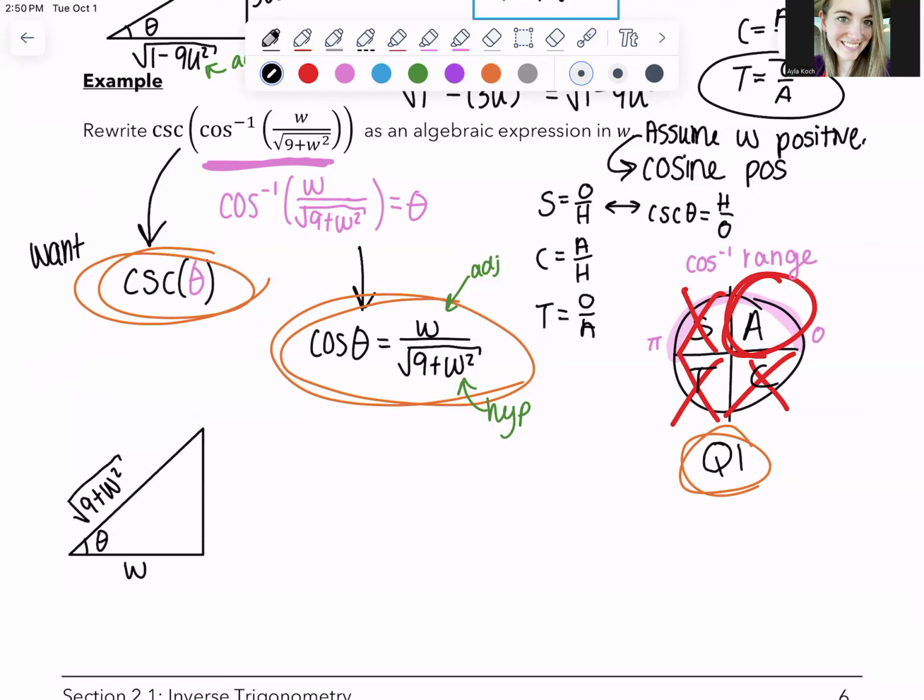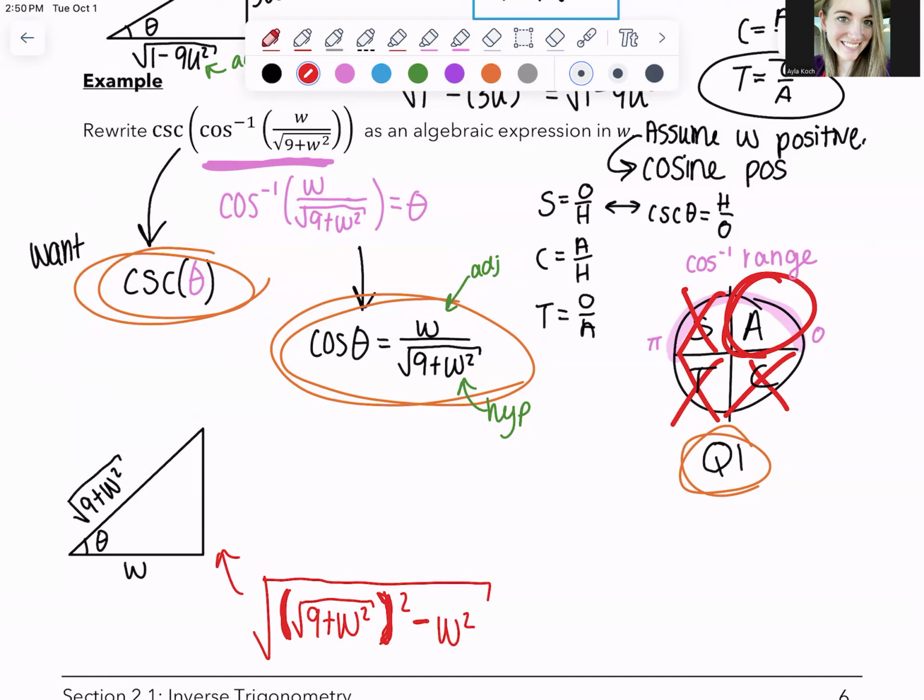The math on the remaining side can be just a teeny bit tricky here. So this is going to be the square root of the hypotenuse squared, so the square root of 9 plus w squared, this whole thing squared, minus w squared, and it's the square root of that.